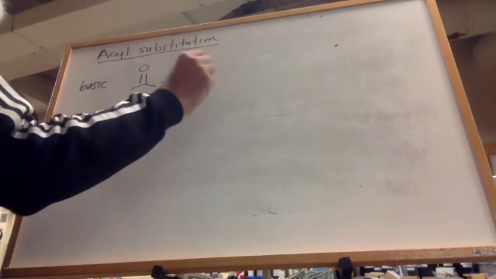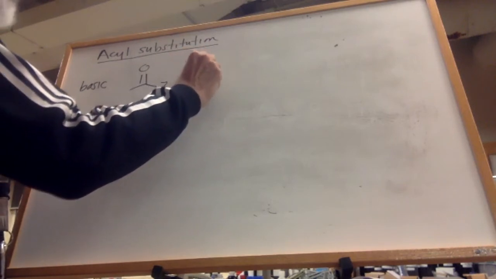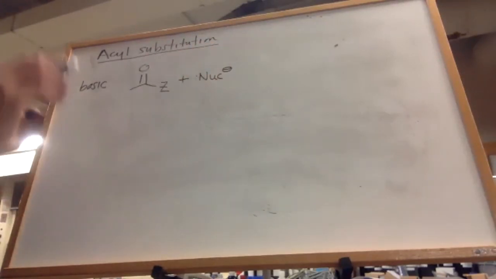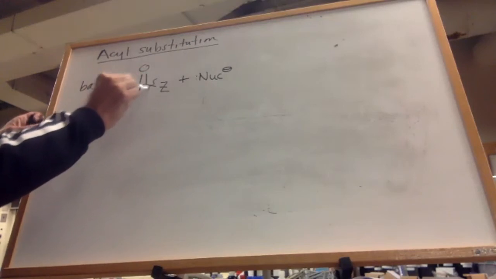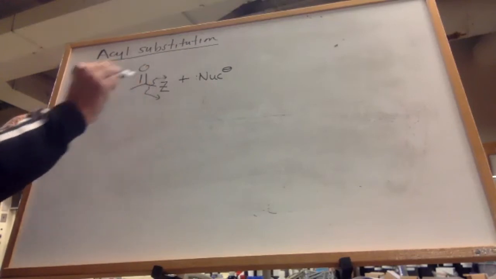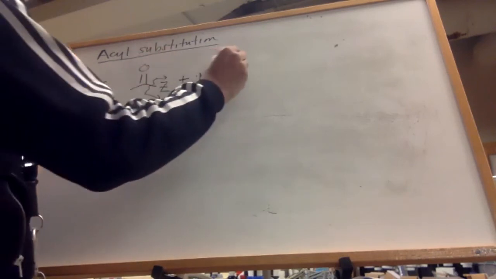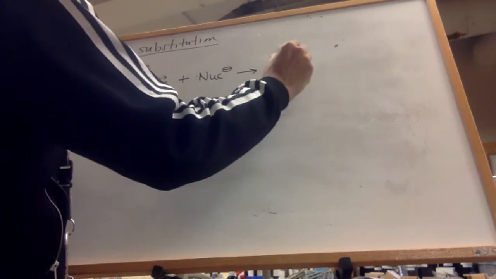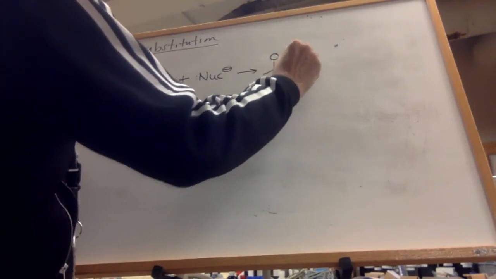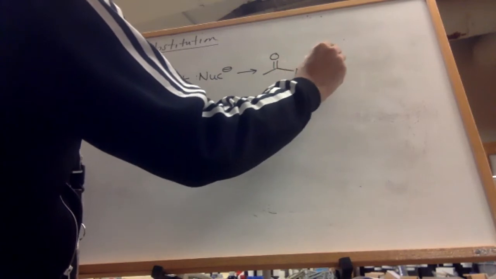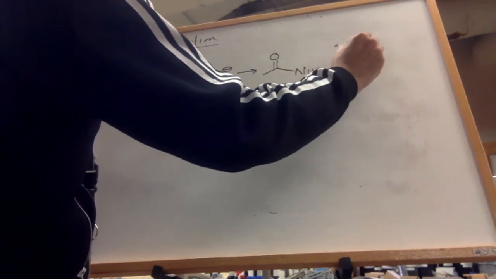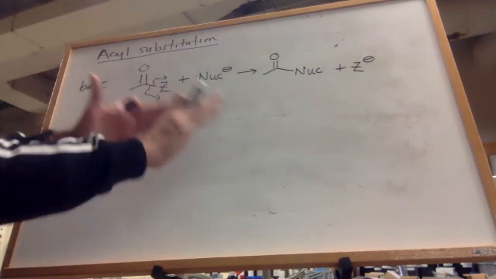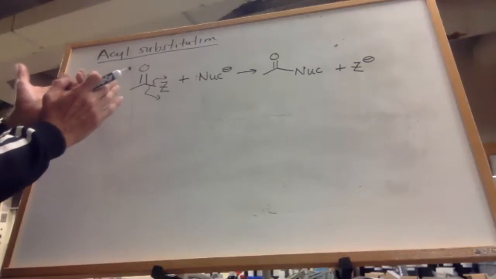So instead of H-nuc under basic conditions, what we're really looking for is nuc minus. Very same thing happens. The thing that's not carbon and not hydrogen is going to go away. The nucleophile is going to take its place. There are no protons available, so that Z group is exiting with a negative charge on it, right? So again, the thing that's not carbon and not hydrogen breaks off. The nucleophile takes its place.